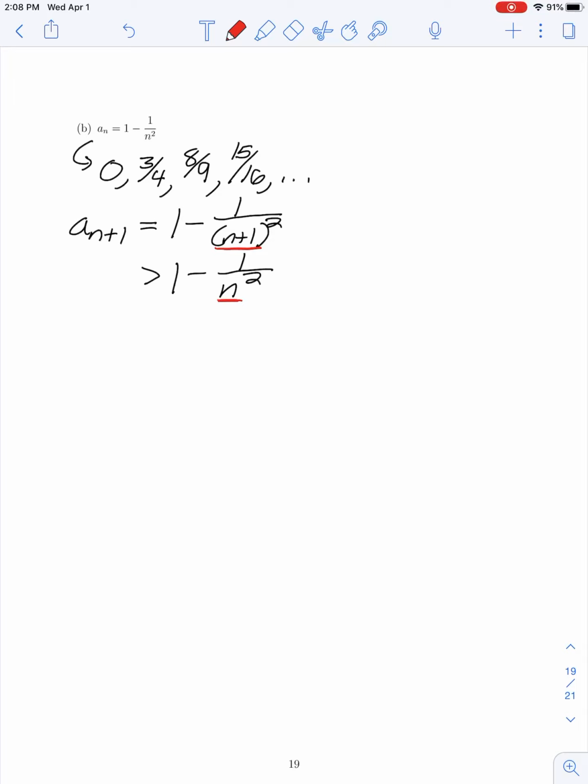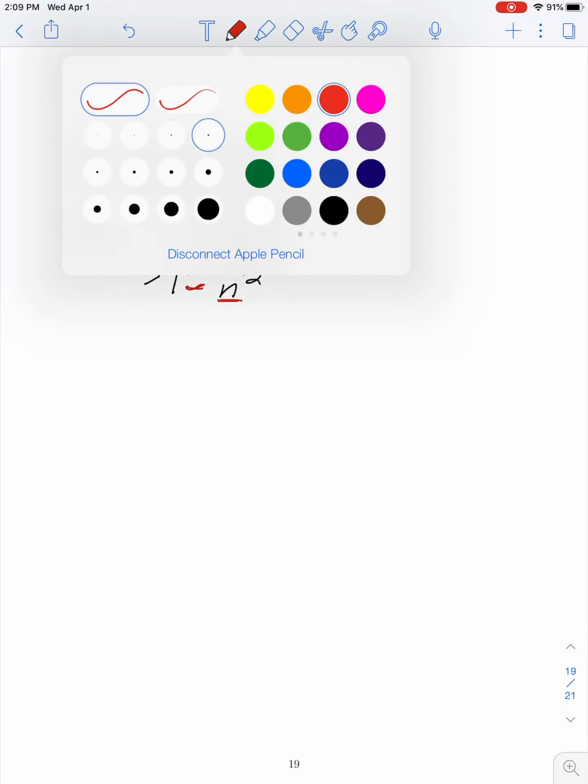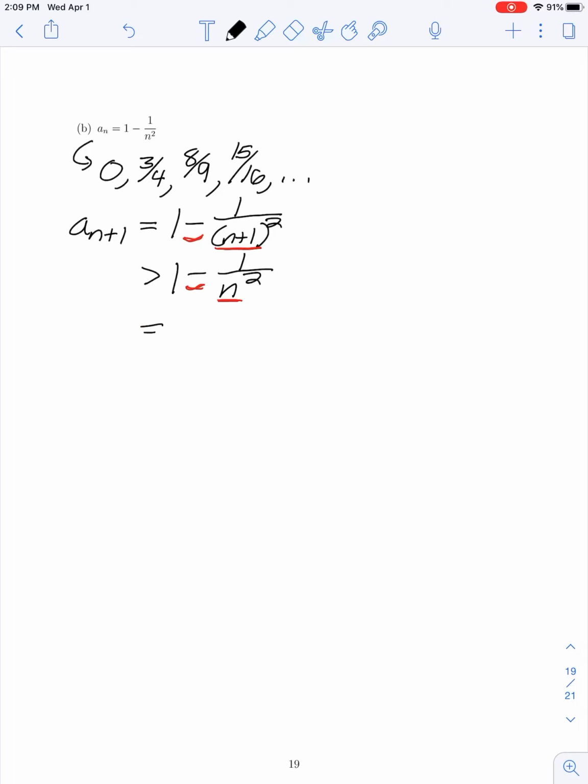It's larger because we are subtracting a smaller value. If I increase my denominator from n squared to (n plus 1) squared, that means that this fraction is smaller. So if I'm taking 1 minus a smaller value, I get something larger than what I had for my a sub n term. So we find that a sub n plus 1 is always greater than a sub n. So our sequence a sub n is increasing.